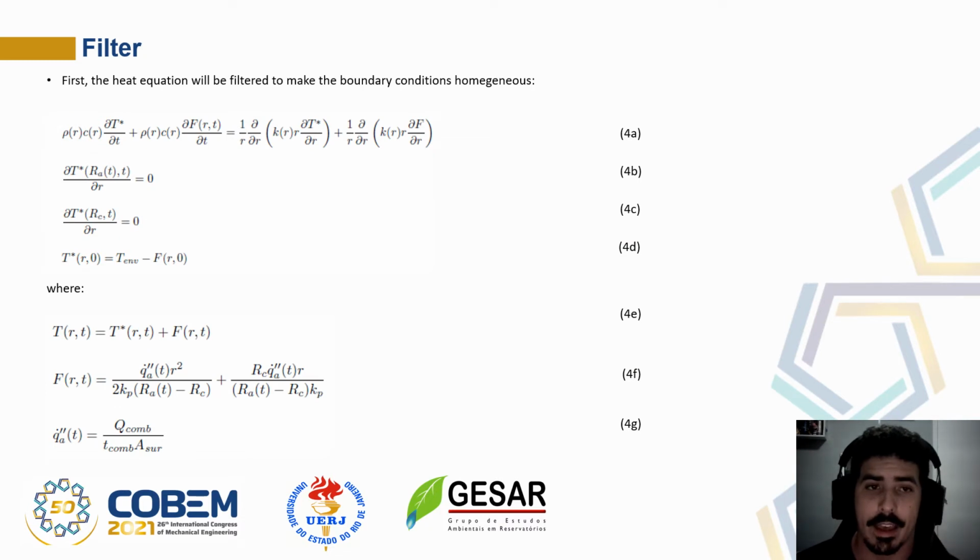First, I'm going to add a filter to make the boundary conditions of the heat conduction equation that I showed before homogeneous. So this is the heat conduction equation after applying the filter.